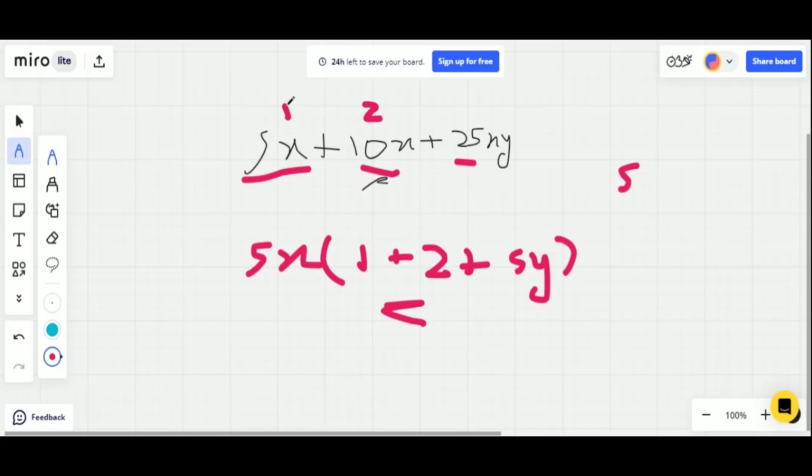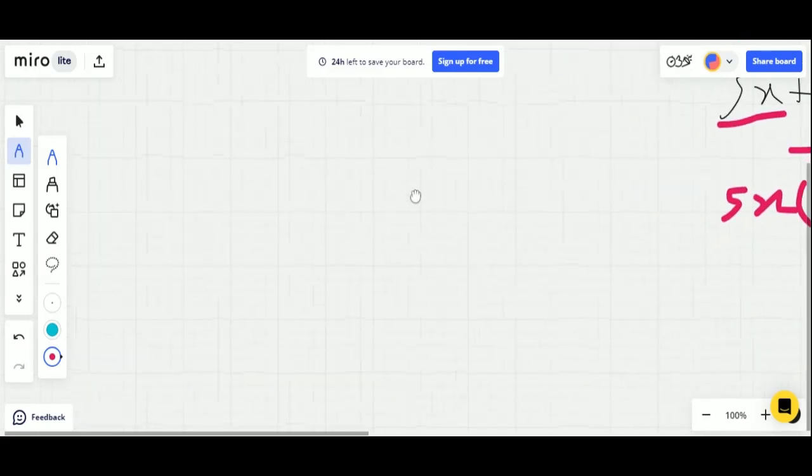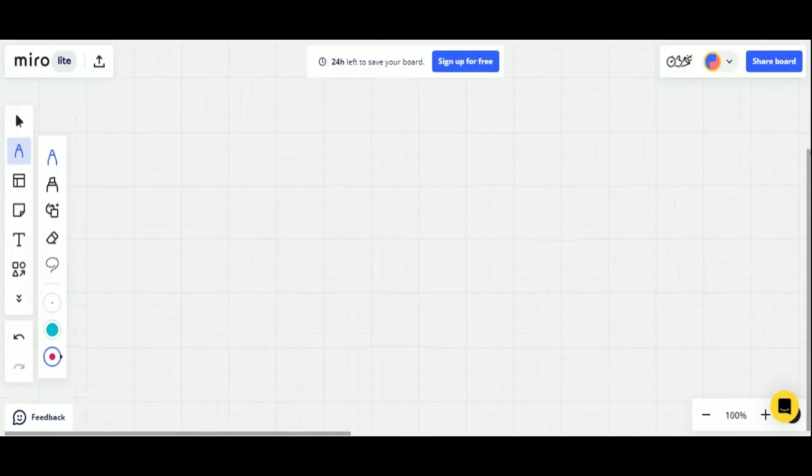But x is in the first term, the second term, and the third term. So x can be taken as another common factor. So 5x is the common factor. 5 and x are the common factors that we are taking, and this is the factorized form of this algebraic expression. So that is factorization by finding the common factor.